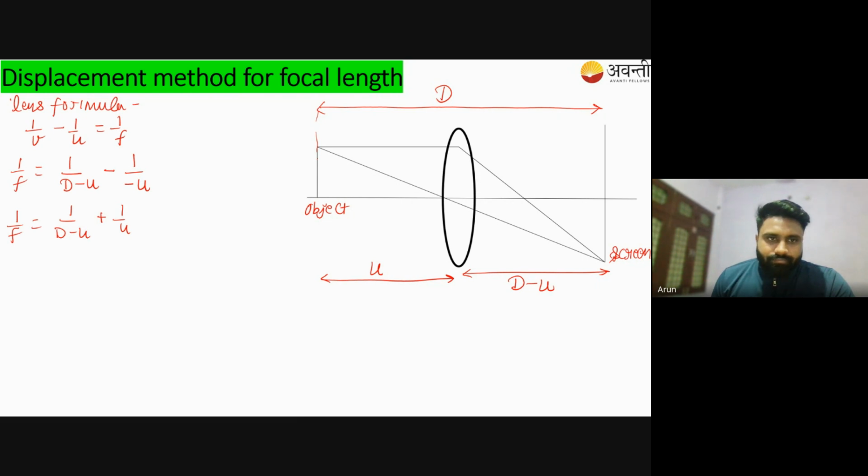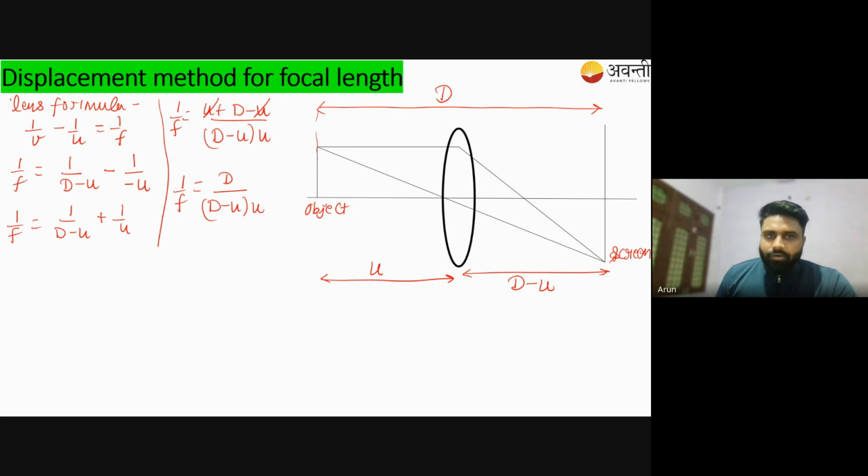Take the LCM. What do we have? Here, 1 upon f is equal to, if I take the LCM and cross multiply, u plus D minus u divided by D minus u into u. u and u get cancelled out in the numerator. So what do we have? 1 upon f is equal to capital D over D minus u into u.